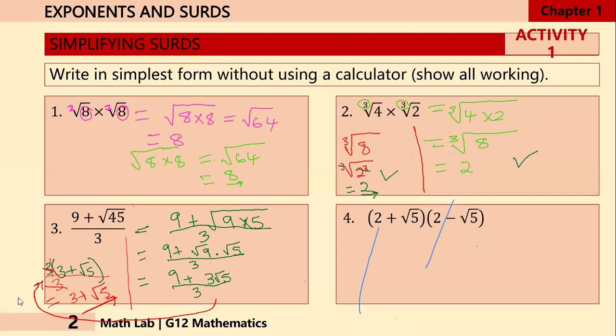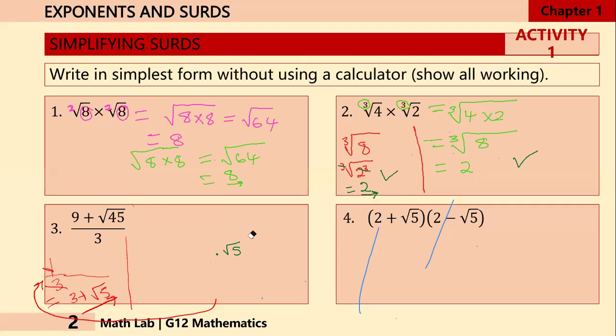Let me erase and start afresh. All right, so let's start.